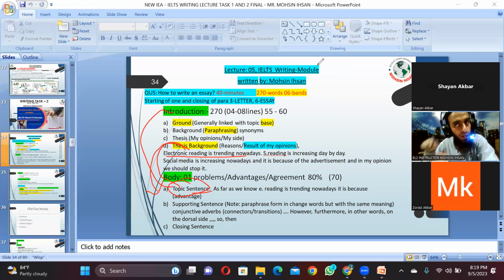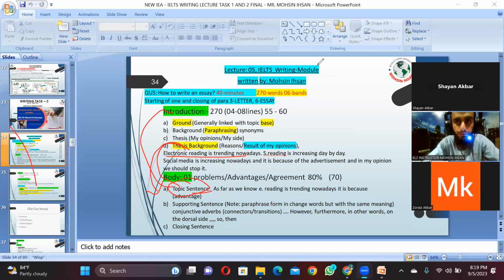This kind of phrase is for the opposite side. But for the good side, the positive side, you must have a phrase for paragraph number one: on the brighter side, on the one hand, fortunately. Some other phrases like this you can mention.